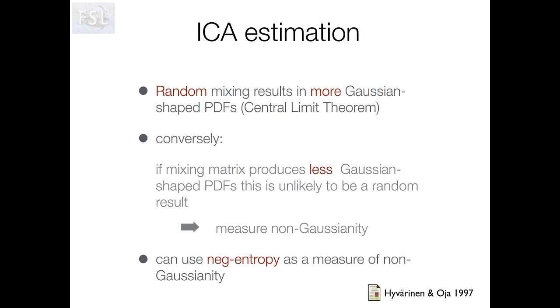There are a few different ways to measure non-Gaussianity, and in MELODIC we use something called negative entropy. This is one of the critical assumptions that ICA makes, which is that the true underlying signals we're interested in are non-Gaussian, and generally this is a fairly safe assumption to make.